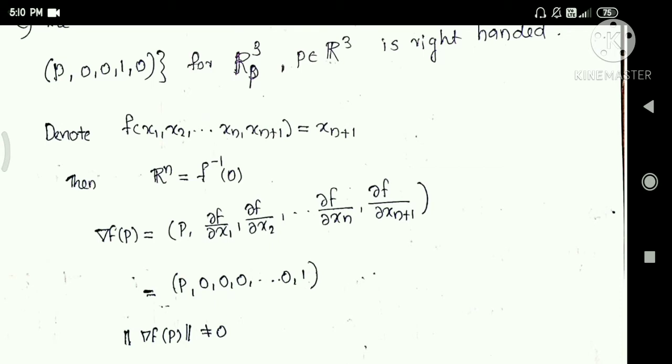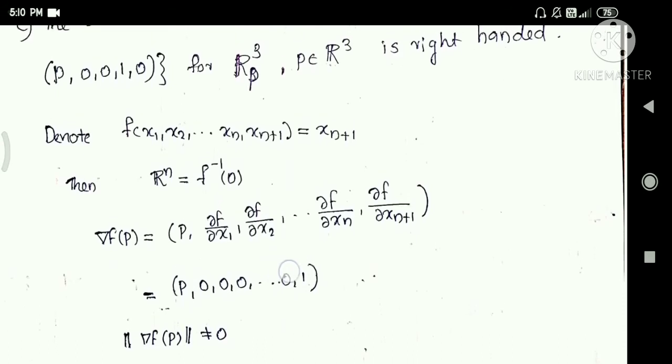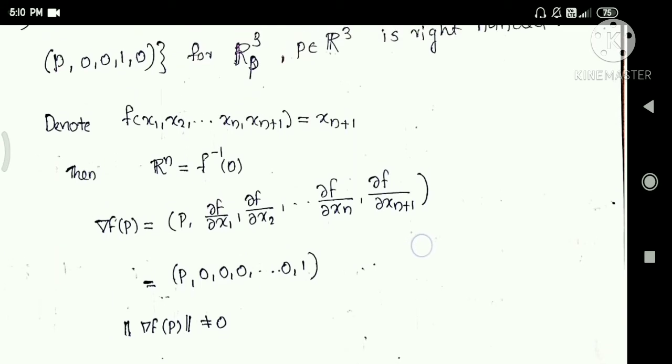And del f of p is equal to p dou f by dou x1, dou f by dou x2, etc., dou f by dou xn, dou f by dou xn plus 1.